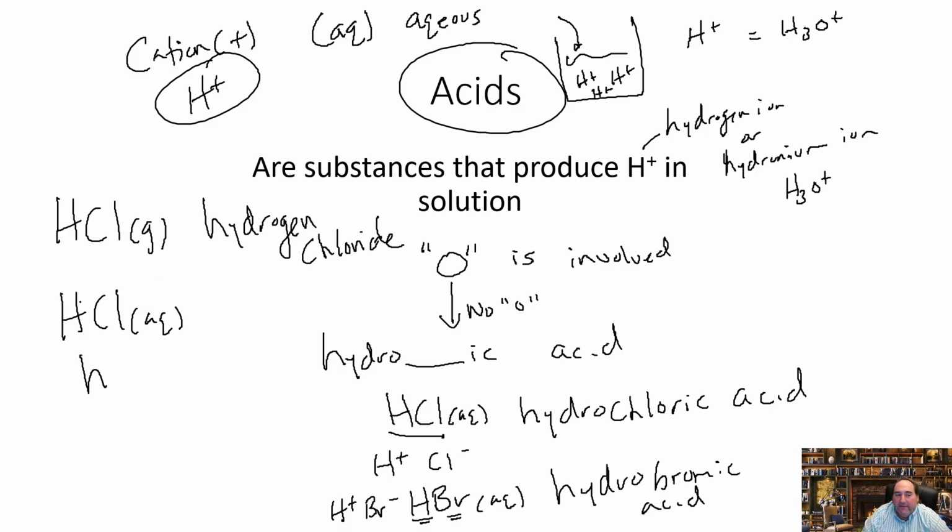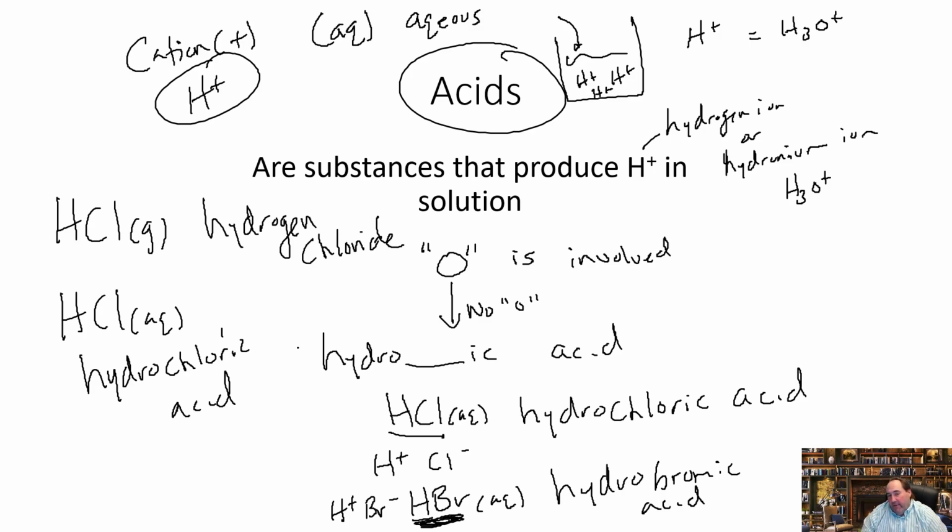And that would be the acid version, which would be hydrochloric acid. Same thing here. If this wasn't an acid, it wasn't aqueous, it would be called hydrogen bromide. But because it's aqueous, it implies it's an acid, and you would call it hydrobromic acid. That means that when you write formulas for acids, you should also include the aqueous symbol next to it. It is proper to do so to indicate that it is an acid.